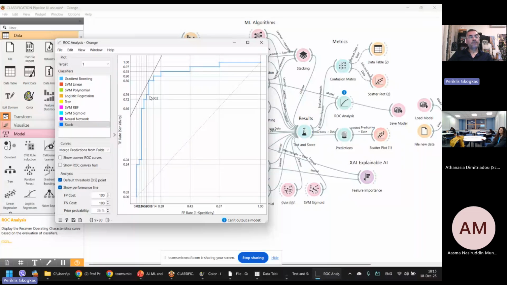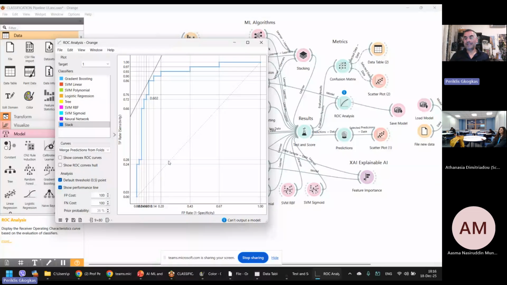I can also choose a different threshold. If it is very important for me to identify all the bad customers, I can move, for example, here, setting a threshold of 0.187. Now, my sensitivity to identify the bad customers goes up from 76% to 93%, but there is a trade-off here: the false positive rate goes up from 10% to 20%.